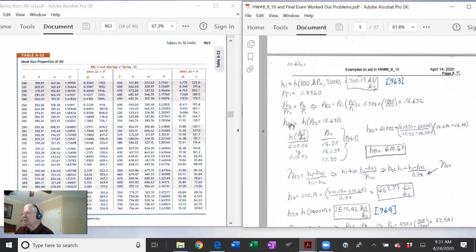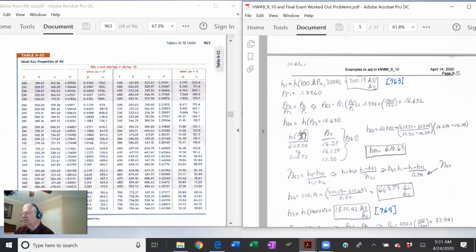So we know for state 2S, the pressure ratio is 16.32. So let's look down our table. We're looking for a pressure ratio of 16.32. Well, it's not in that column. Let's go over here. Aha, it's right between here.